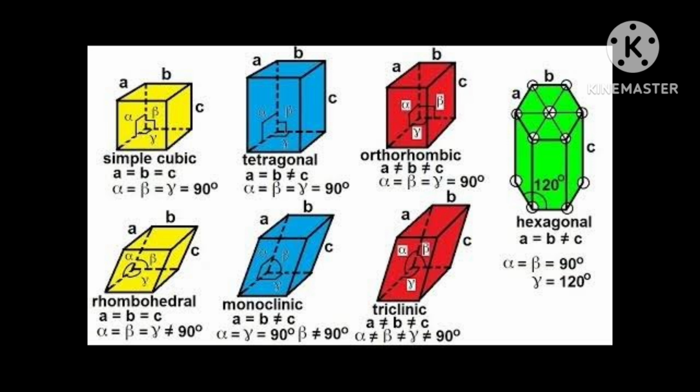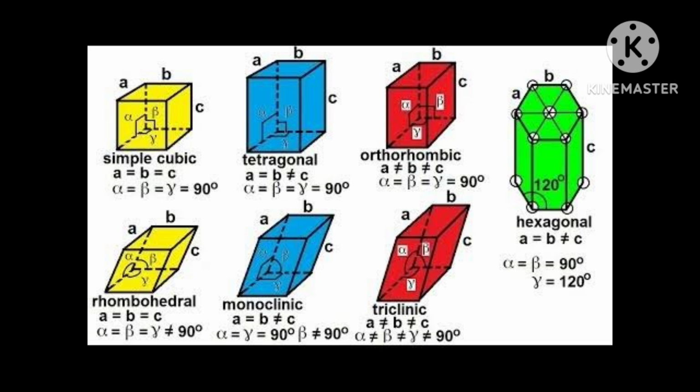A is equal to B and B is not equal to C. And what are the axial angles? Alpha is equal to beta, beta is equal to gamma, and gamma is equal to 90 degrees.